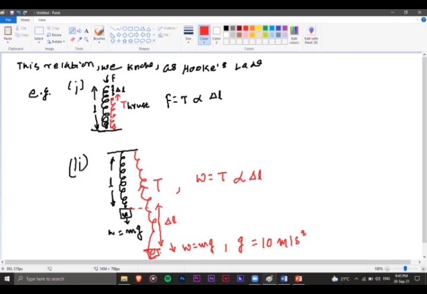So we can see that whether it is compressed or extended, in both cases there will be a force developed. In the compression case, there will be a thrust, and in the extension case, there will be a tension opposite to the weight. This force will be directly proportional to the change in the extension, and in the other case, it is directly proportional to the compression.